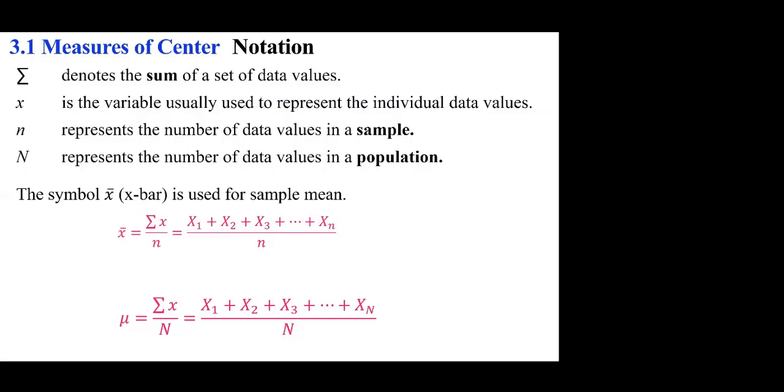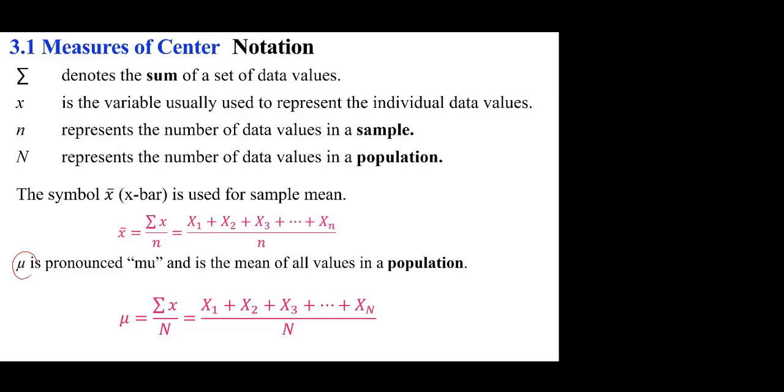Whereas for the population, we use Greek letters. In this case, we use mu. Mu is the mean of all values in the population. Because we want to distinguish between a sample and a population, we also use different notations.